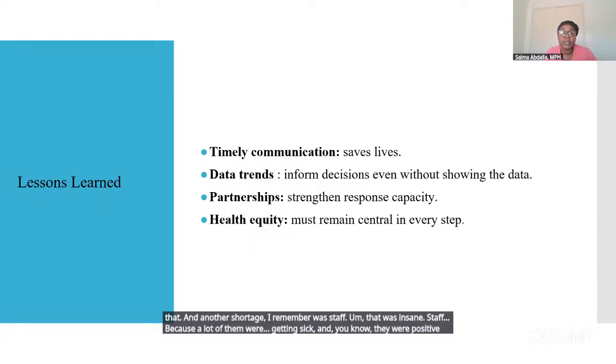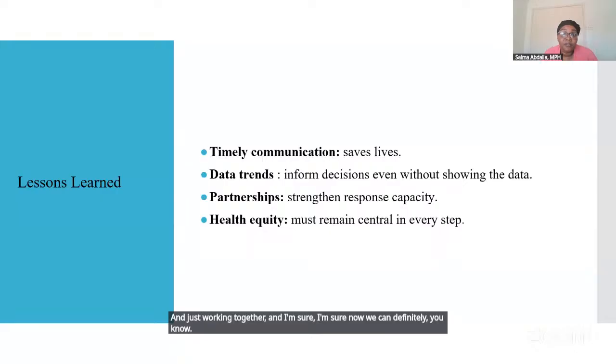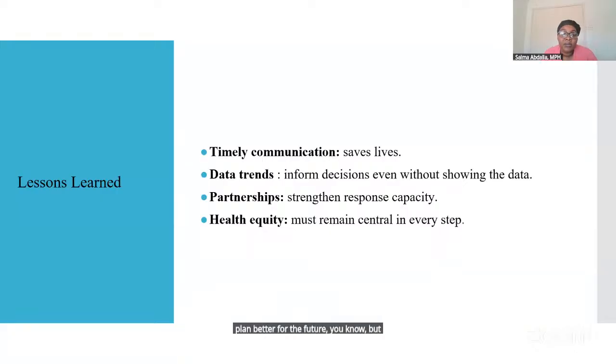So staffing was a big problem, and definitely a lesson learned. And just working together, I'm sure now we can definitely plan better for the future, but this is a lesson learned for a lot of us.